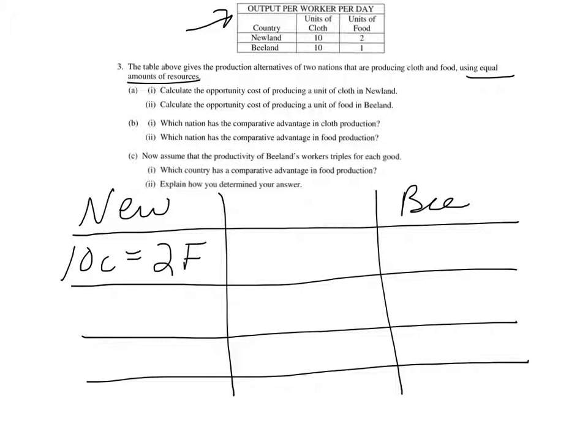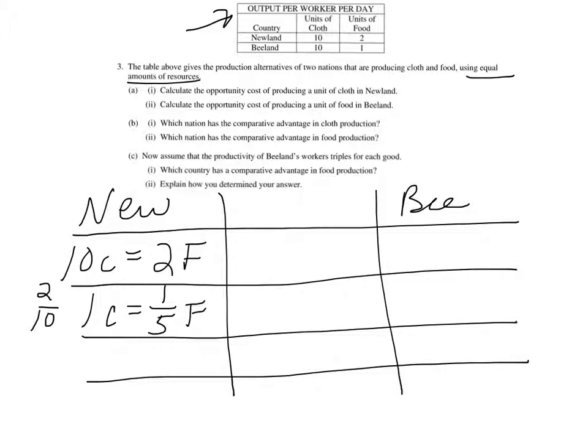So I want to figure out the opportunity cost for each unit of cloth. Let's start that way. So 1 unit of cloth is going to equal 1/5 a unit of food. I did that because what I don't produce is on top, and what I'm figuring the opportunity cost for is on the bottom.